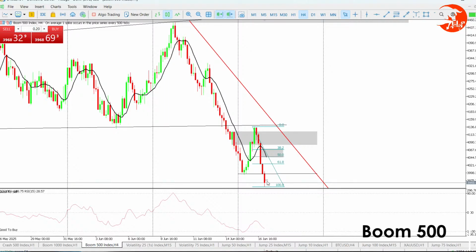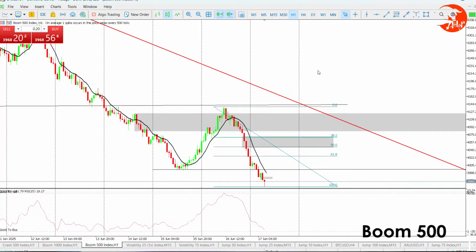And looking at that, I have a fair value gap on H4. Price can react to that, but I'm going to be interested in that level between 50 and 38.2. That's the one I have marked, so that's what I'll be interested in.